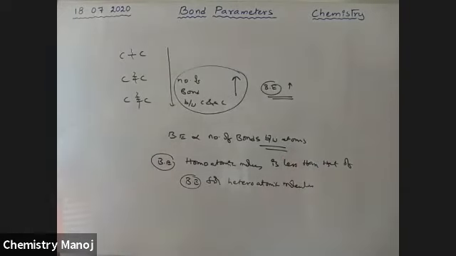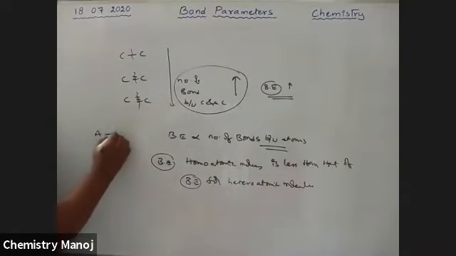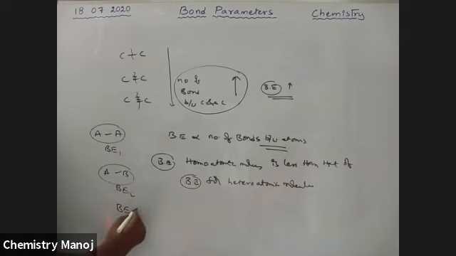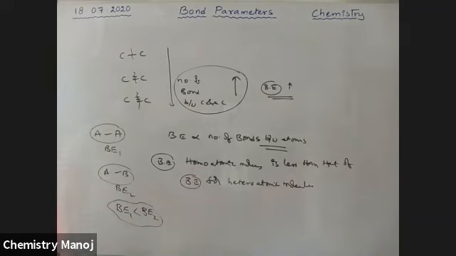Bond energy for homoatomic, that means AA bond energy, and AB bond energy. It is BE1, it is BE2, and BE1 is less than BE2. The energy required for homoatomic molecules is less than that of heteroatomic molecules.